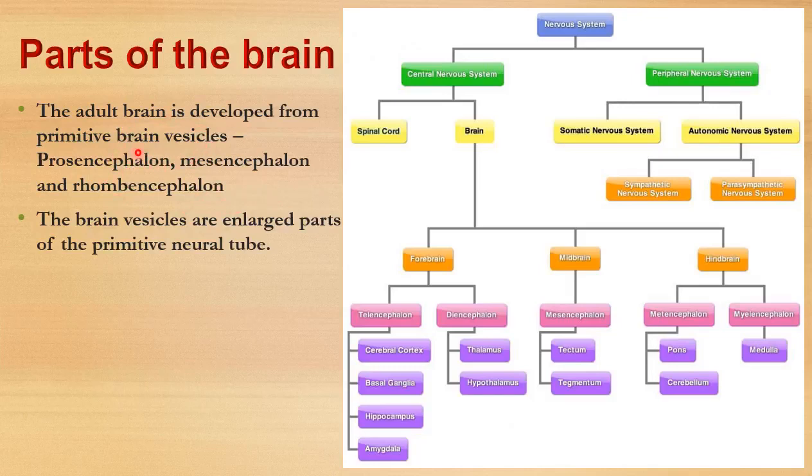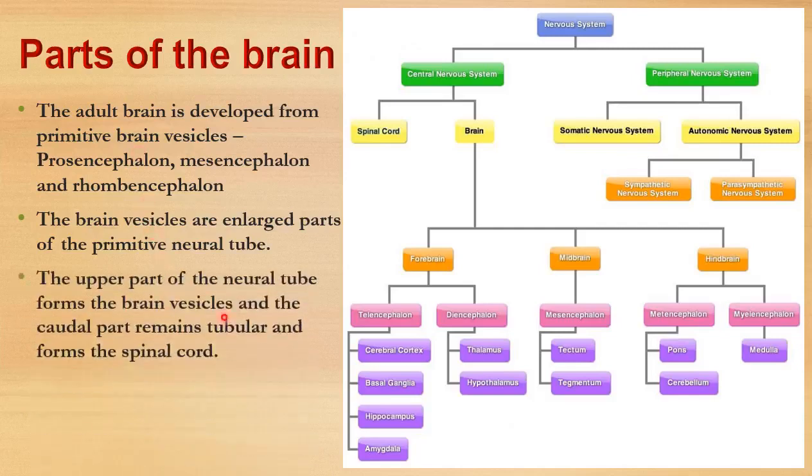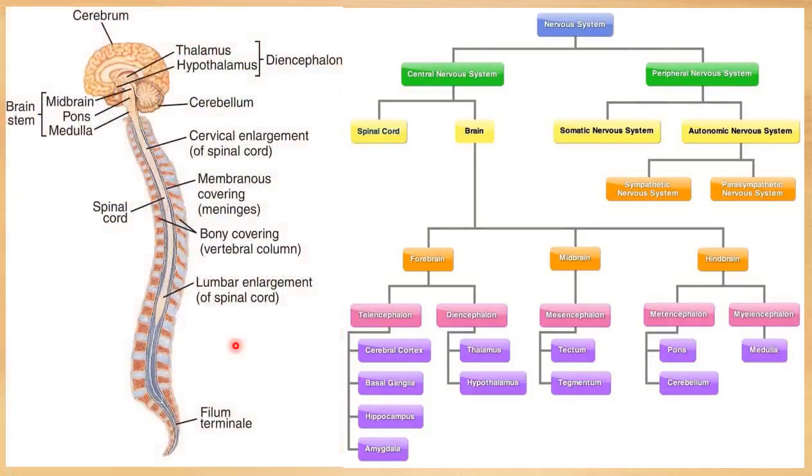The lower part of the neural tube remains narrow, and that forms your spinal cord. So the upper part has bulged to form the brain vesicles, from which various parts of the brain are derived, and the spinal cord remains tubular and narrow.